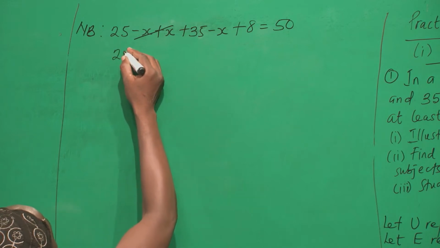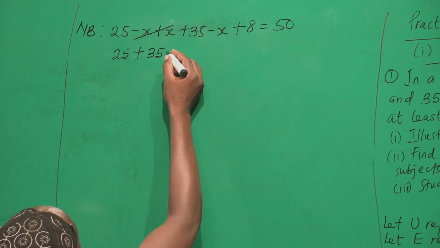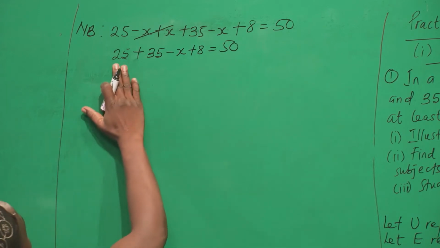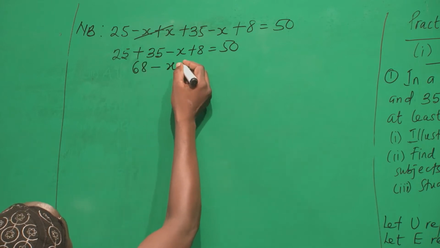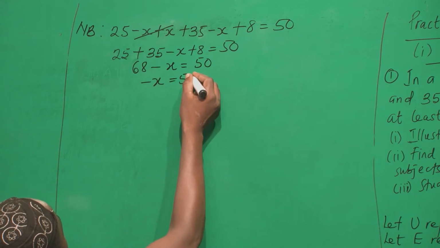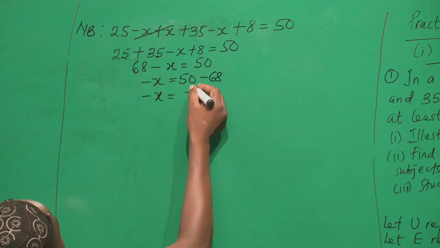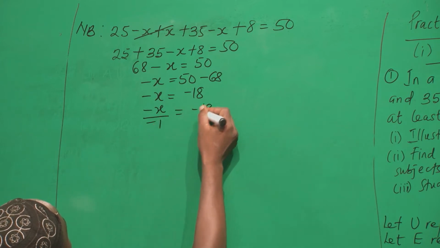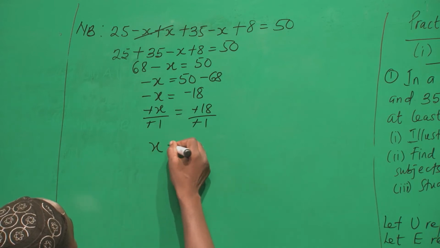Then we have 25 plus 35, then minus x plus 8 is equal to 50. 25 plus 35, 60 plus this, we have 68 minus x is equal to 50. So negative x is equal to 50 minus 68. So my negative x is equal to negative 18. So negative x divided through by negative 1, negative 18 divided through by negative 1. Then my x is equal to 18.